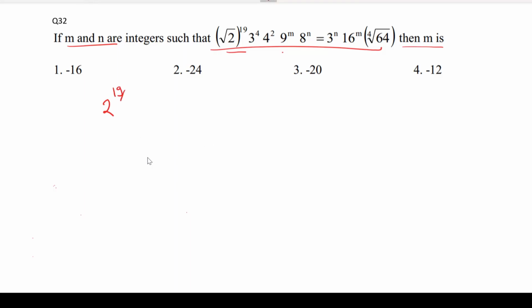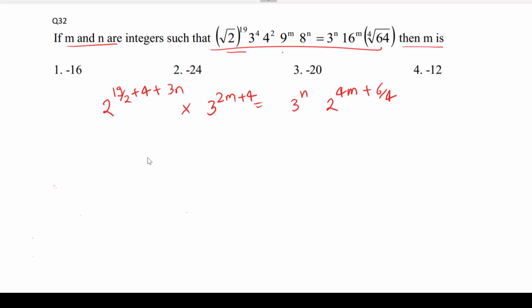For 2 it is 2 to the power 19 by 2 plus 4 plus 3n, and for 3 it is 2n plus 4, which I missed earlier. On the other side, for 3 it is n, and for 2 it will be 4m plus 6 by 4.